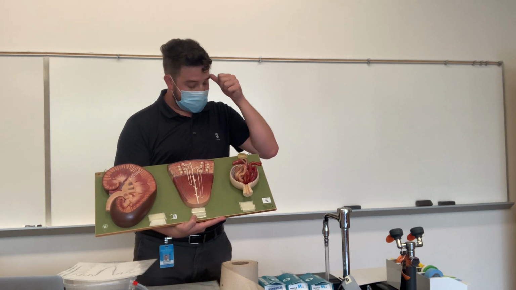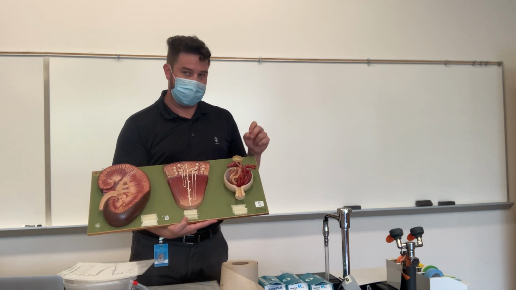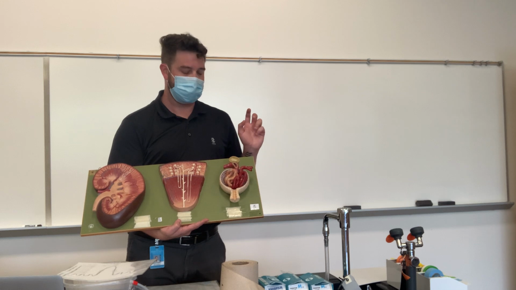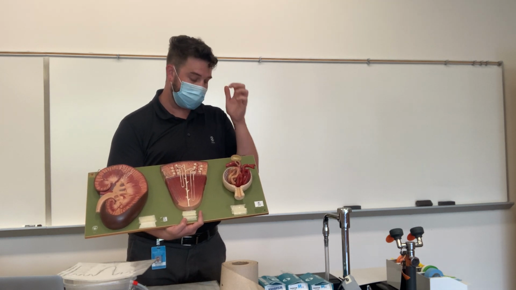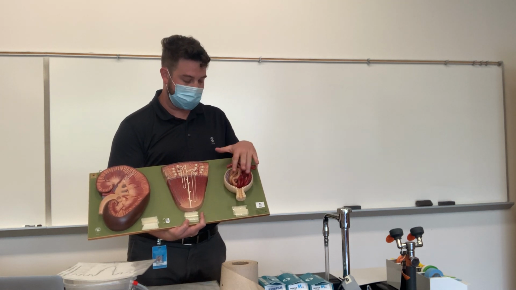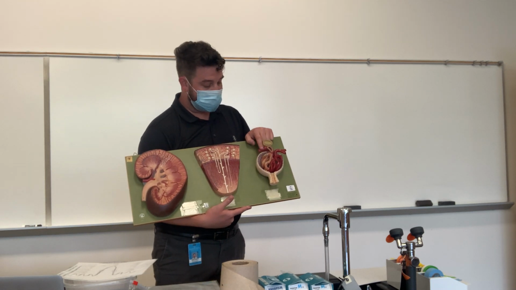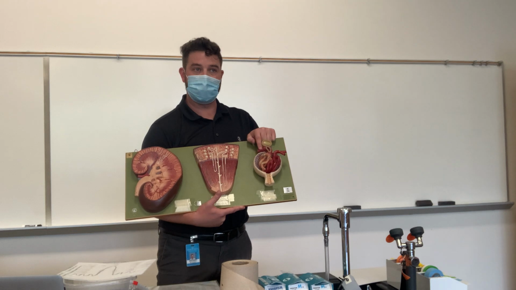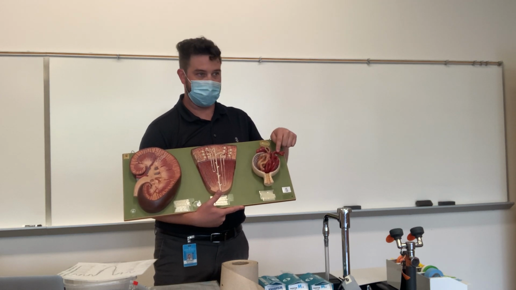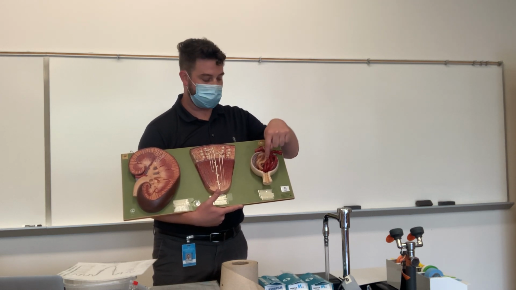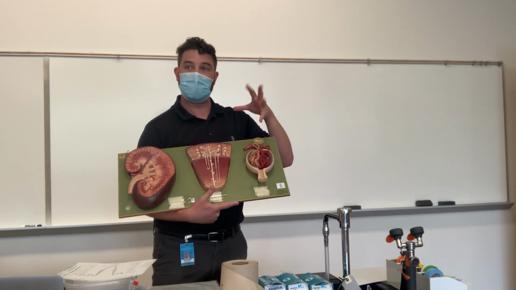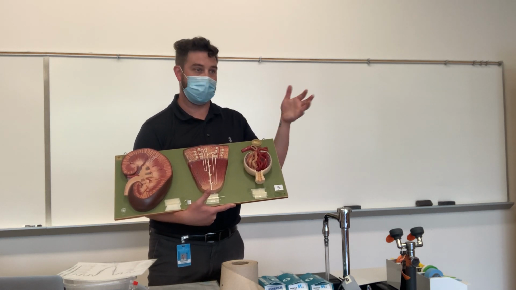Okay, the afferent arteriole is a lot bigger than the efferent. That is going to make sure the pressure in the glomerular capillaries stays high, because you have a larger artery entering, so you're going to have a higher blood flow coming in than you are going out. So that's going to make sure that the pressure in the capillaries stays high enough to filter blood, right, to filter out water and solutes.